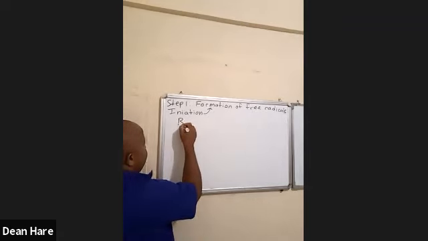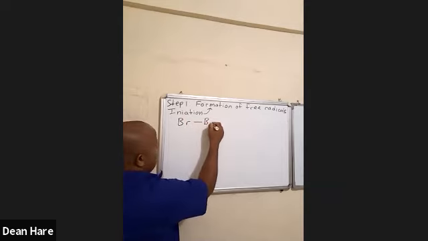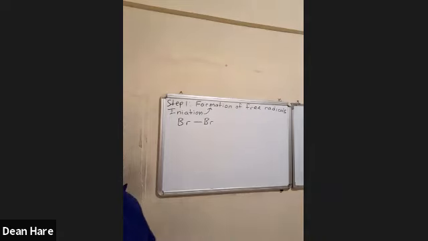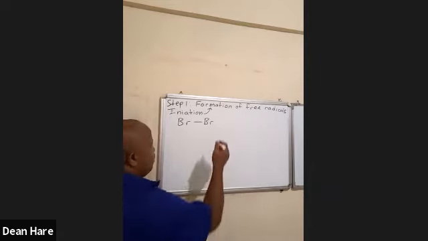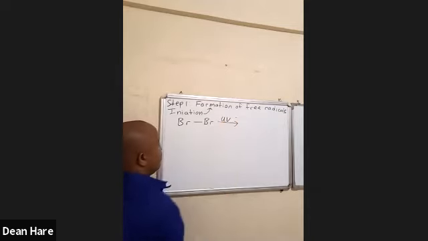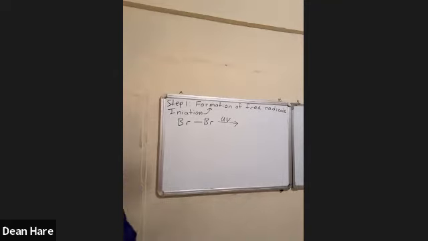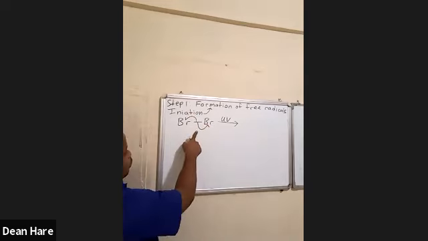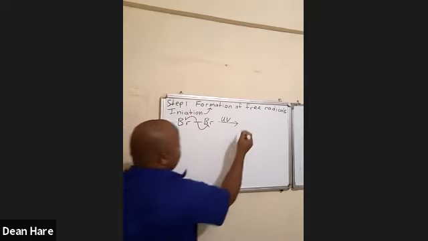So what is going to happen? The bromine molecule is going to be broken. How will it be broken? Homolytically or heterolytically? Homolytically, sir. Right. So each atom must get one electron, and we use fish hooks and not curved arrows.